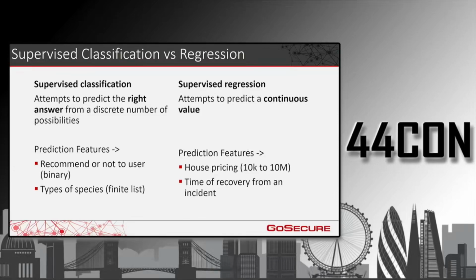In the case of my project, is it a false positive or an actual vulnerability? There's also another class that I won't touch here: supervised regression. This is if we want to calculate a continuous value, like estimating the price of housing or the time of recovery of an incident, anything that does not have a fixed number of classes.